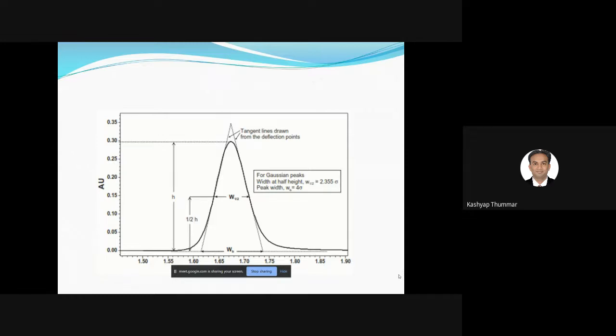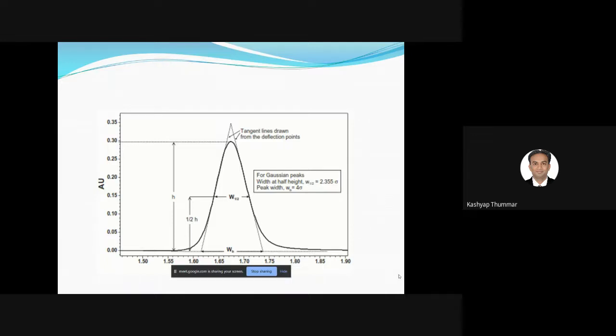If you divide your peak from the center, it will convert into two equal parts. If you divide your peak from the middle, part A is on the left side and part B is on the right side. If A divided by B is equal to 1, it means both parts are equal, and then it is called a Gaussian peak.